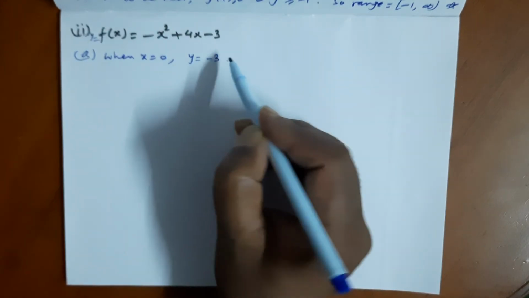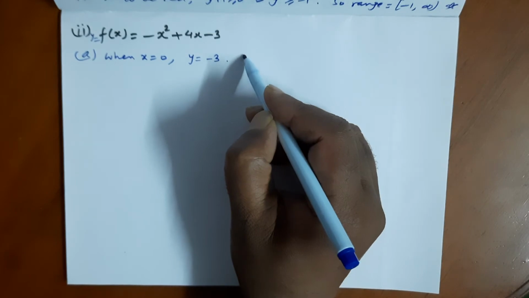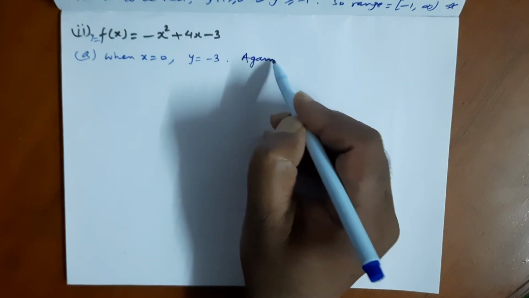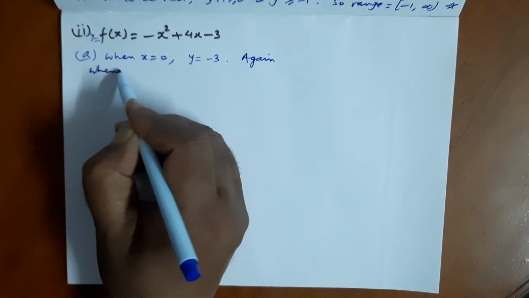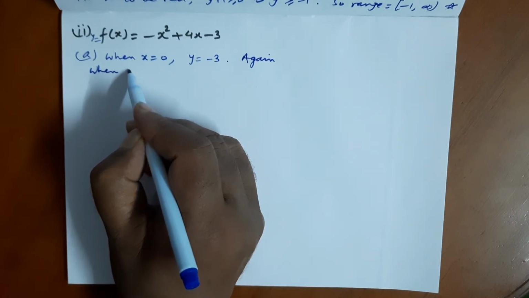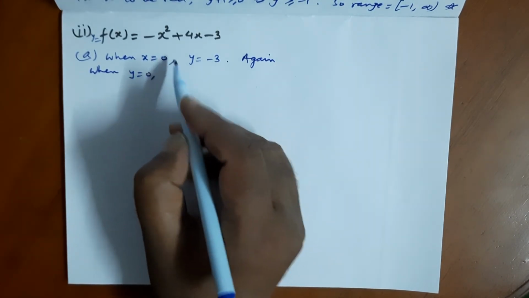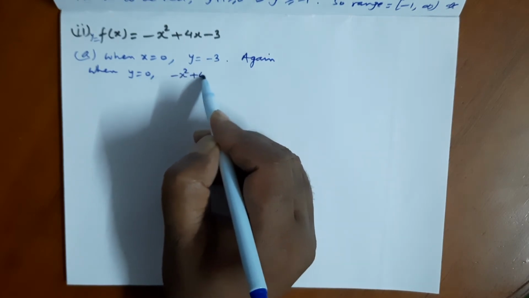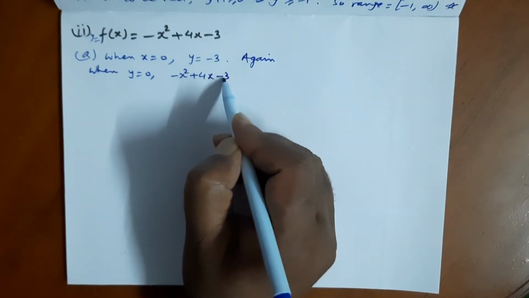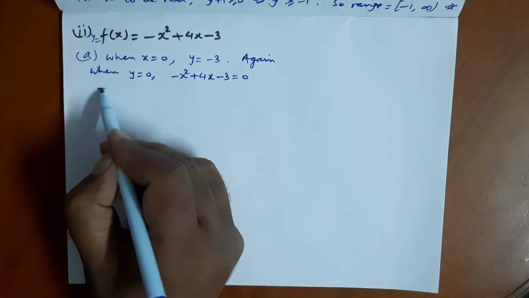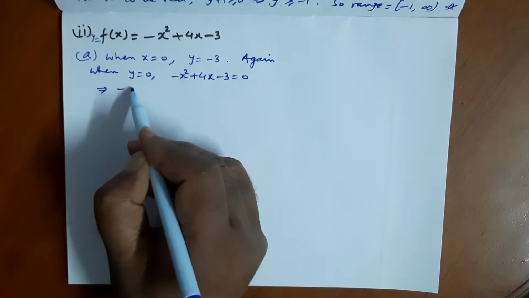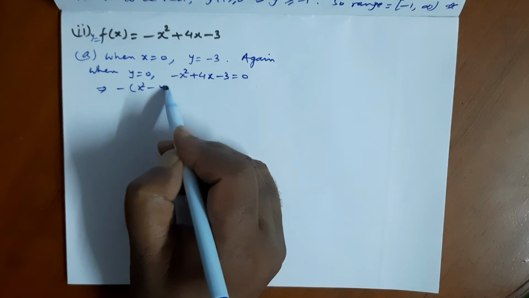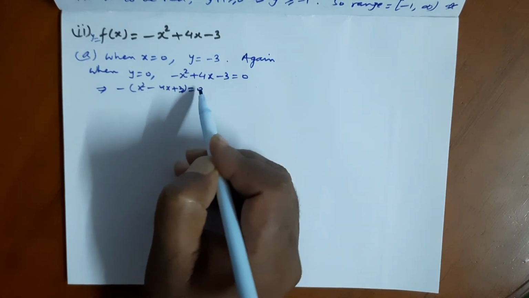Similarly, again when y equals to 0, then minus x square plus 4x minus 3 equals to 0, we can write. This implies here minus can be taken out as common. x square minus 4x plus 3 equals to 0.